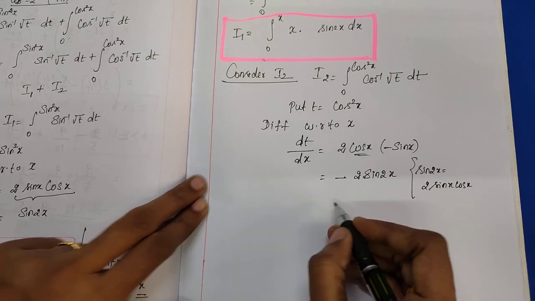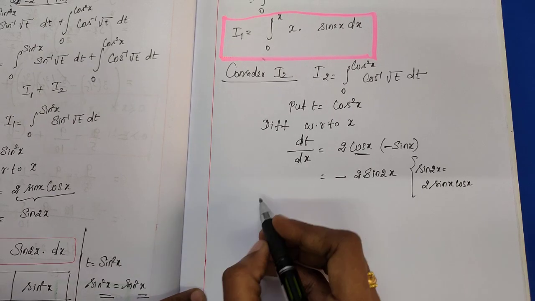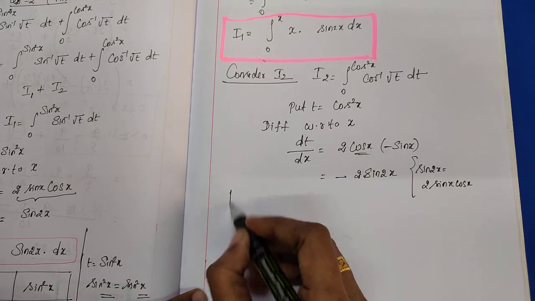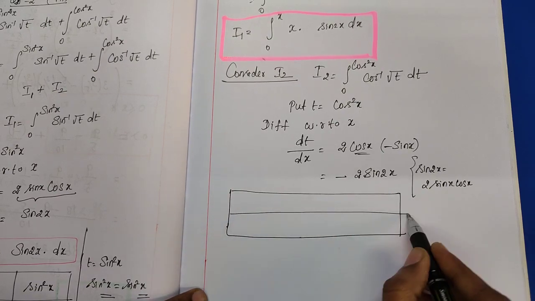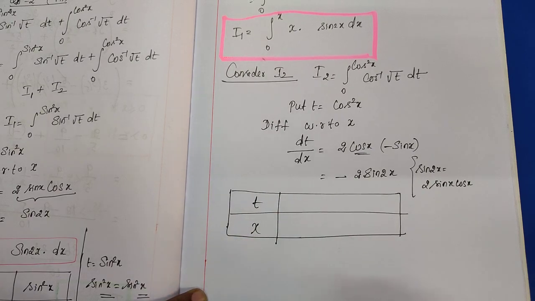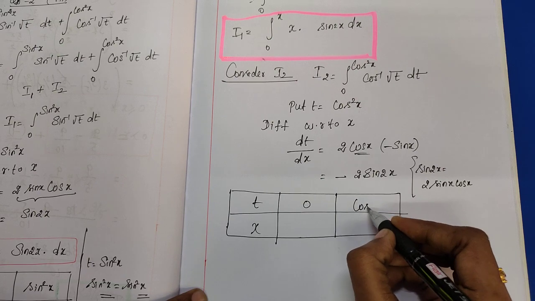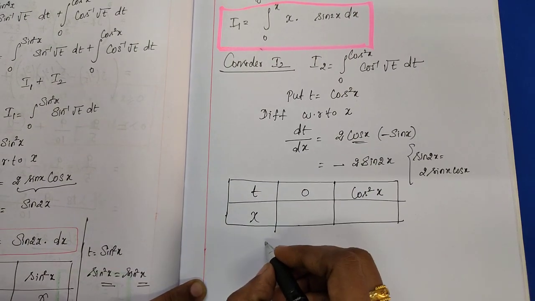Now changing the limit values from the variable t to the variable x. The given variable is t, the changing variable is x. The limits are 0 to cos square x.